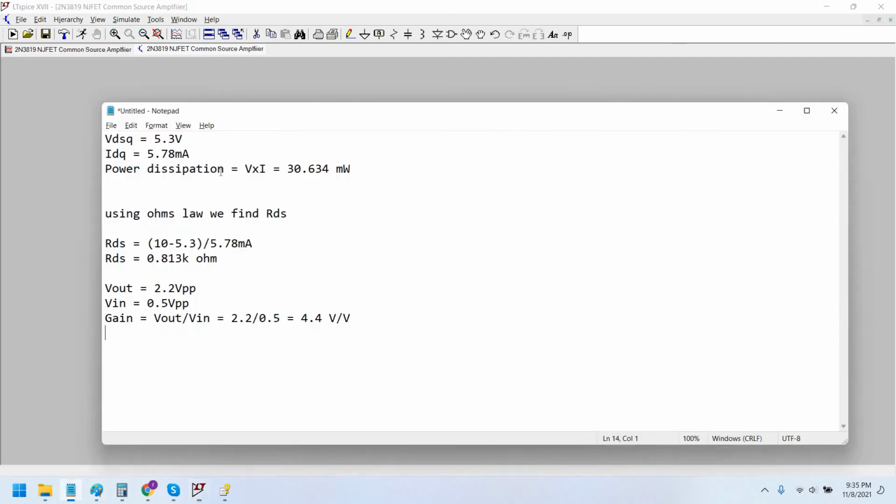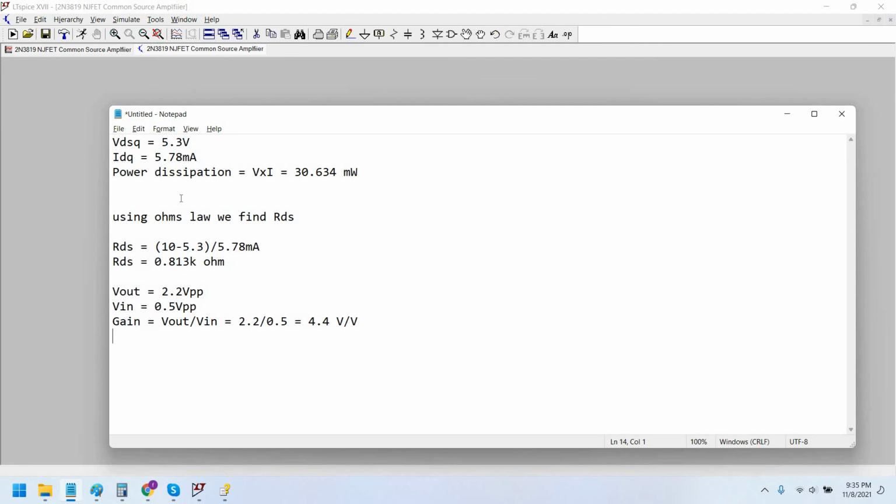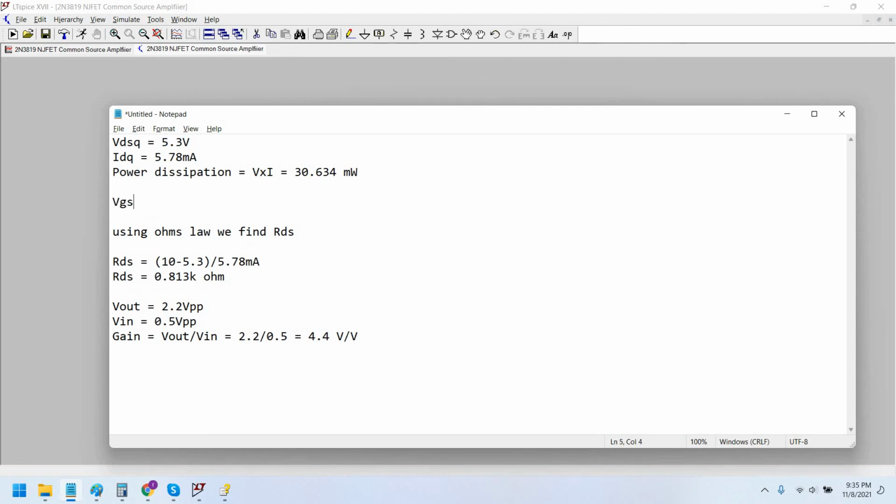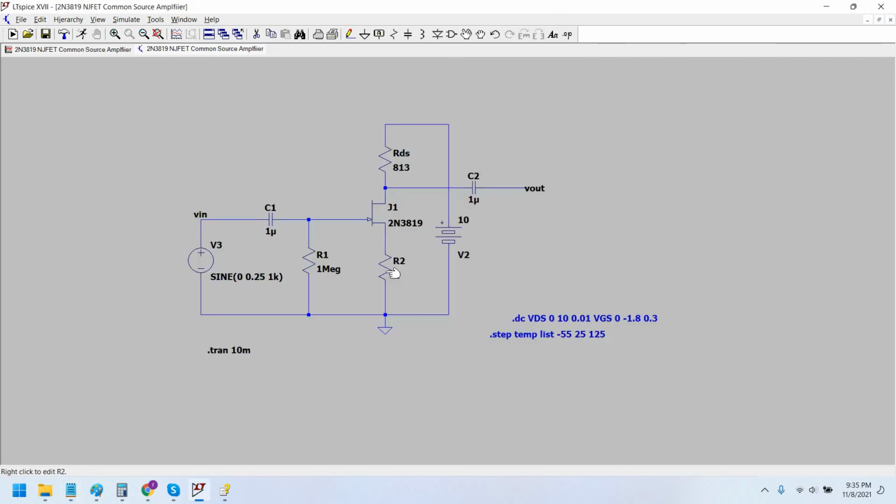because we selected the VGSQ equal to minus 0.9 volt. Therefore we have to drop 0.9 volt across this resistor. Okay, and we know that the current flowing through the drain path and the source path is equal. The drain current is equal to the source current in JFETs, because the gate current is nearly equal to 0.